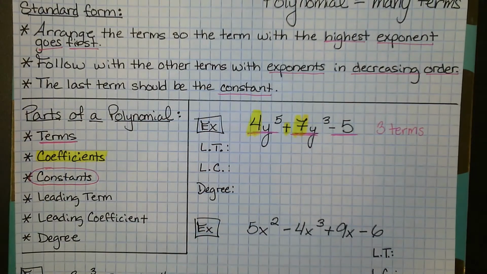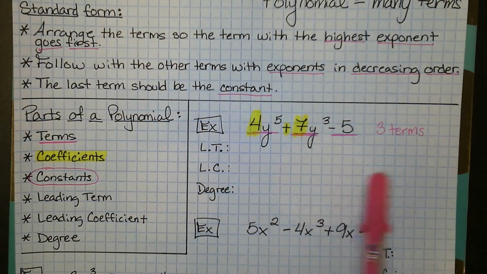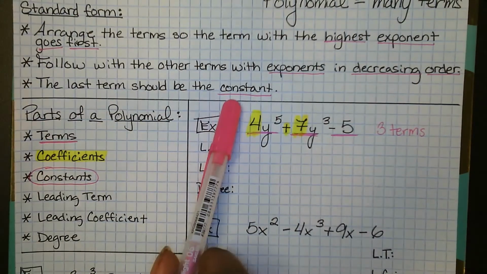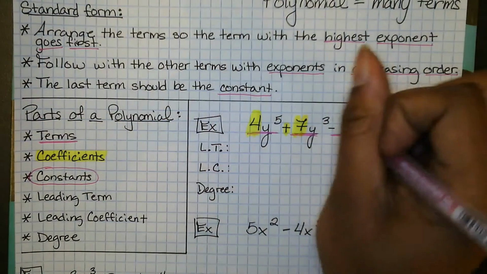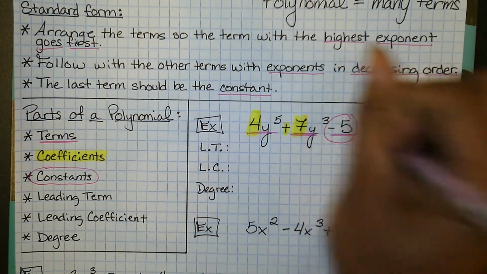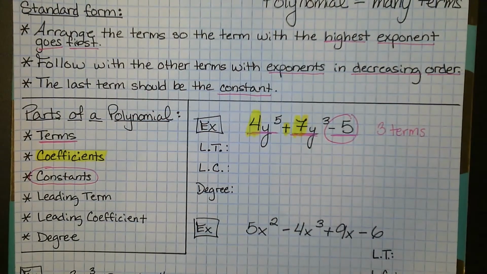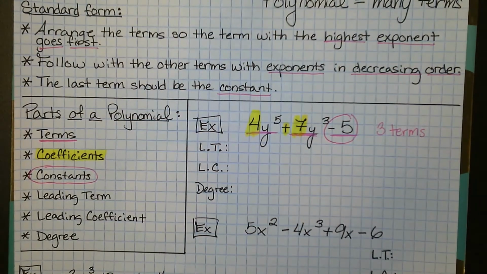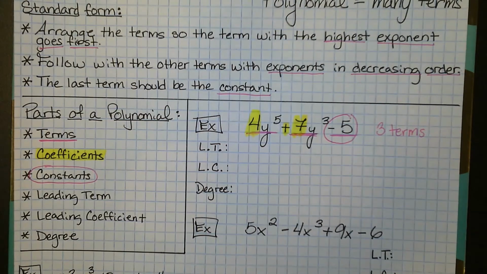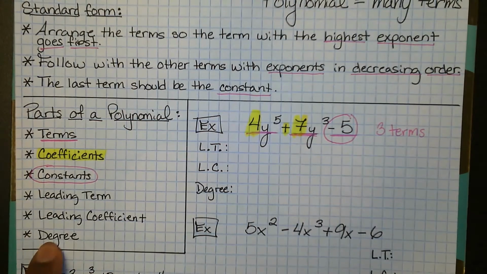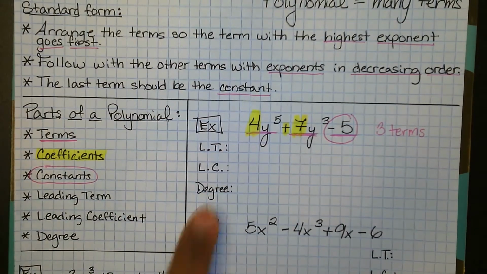And I would like to circle the constants in each example. Now, if our expressions are in standard form, the last term should be the constant. And in this case, we have -5. So that is our constant. Now, the last 3 parts of a polynomial, we're just going to go ahead and fill those in.